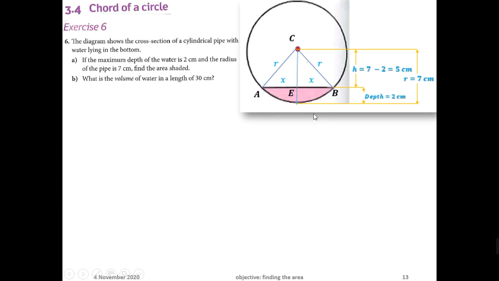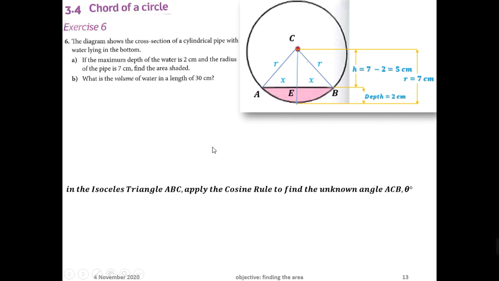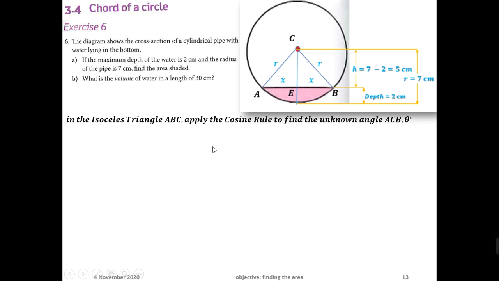We need the area of the sector in order to find the shaded area. So, in the isosceles triangle ABC, let's use the cosine rule to find the unknown angle theta. We named it theta to find the unknown angle, which is ACB.